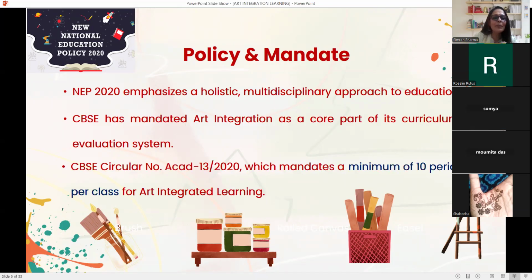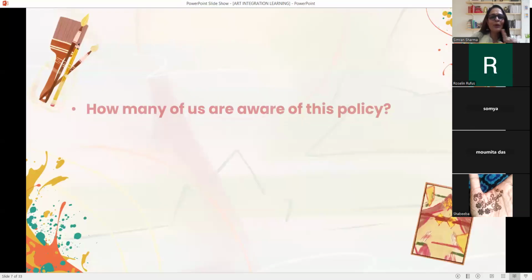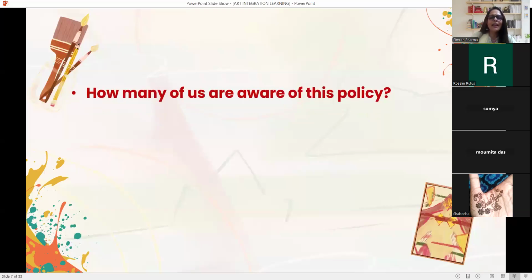Rather, there is a CBSE circular which says that a minimum of 10 periods per class of art integration learning should be there, and it says minimum. Okay. Now my question is, how many of us are aware of this policy? Are we aware of this policy?